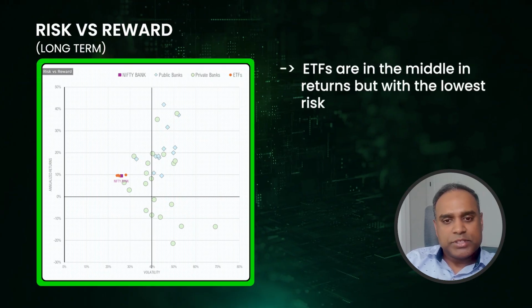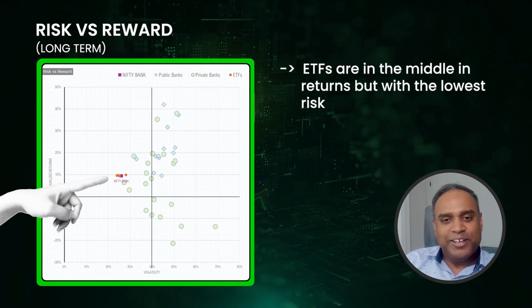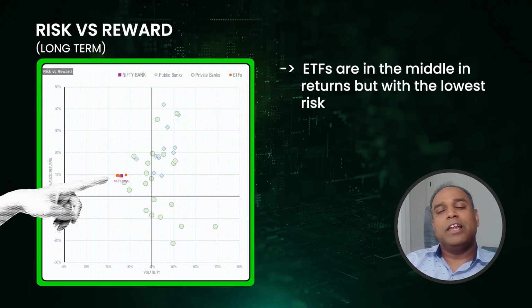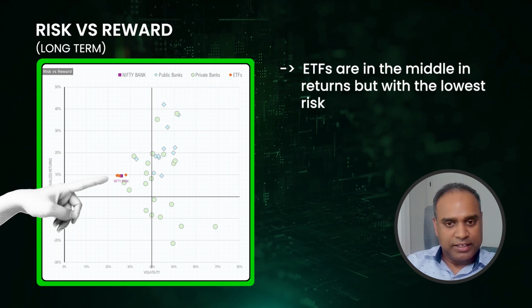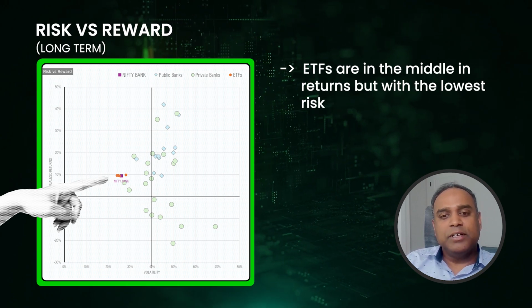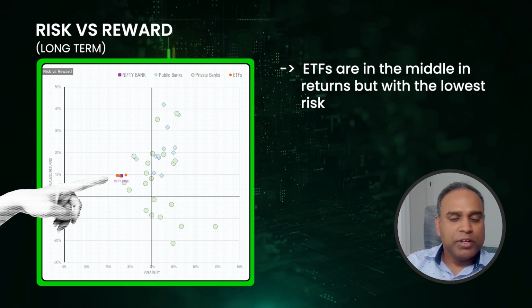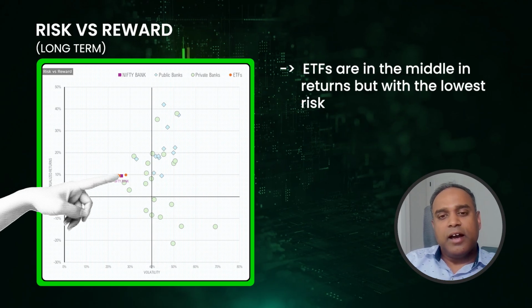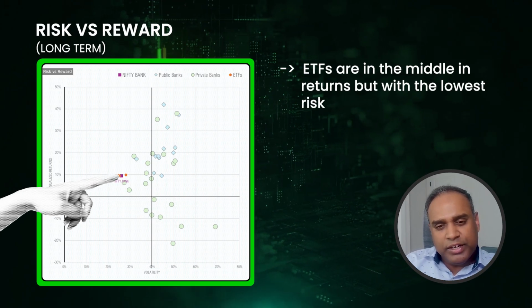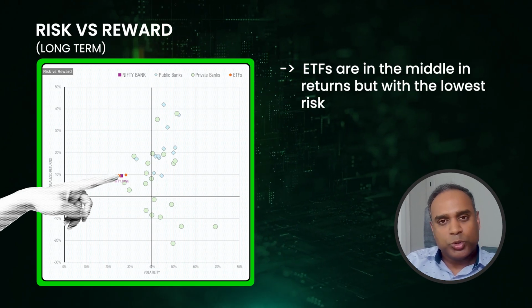Now, ETFs are interesting because, as you see here, they are on the leftmost of all the banks and ETFs, which means that they have the least risk involved. You will also notice that they are very close to the Nifty Bank square.